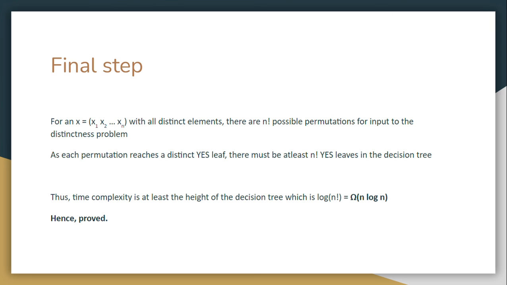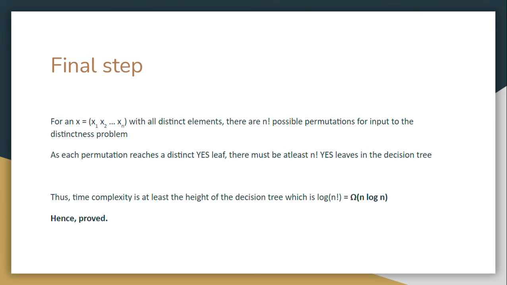And if each permutation reaches a distinct yes leaf and there are n factorial possible inputs, there must be at least n factorial yes leaves in the decision tree. And if there are n factorial leaves in the decision tree, we know that the time complexity is at least the height of the decision tree, which is log of n factorial, which is n log n.